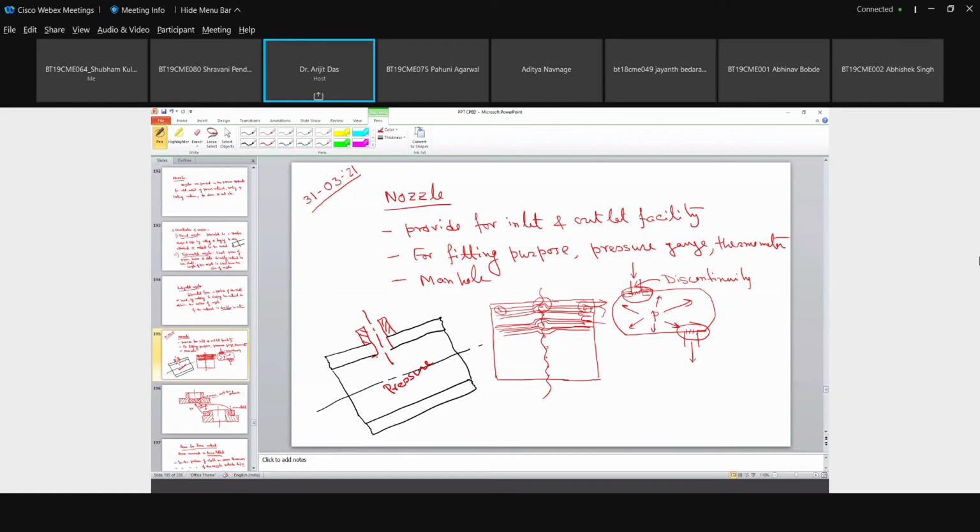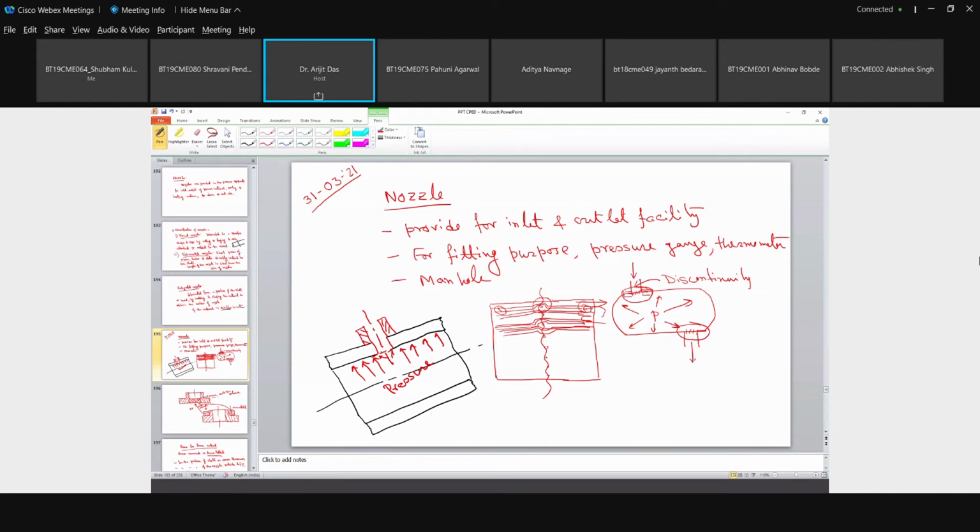So in this discontinued portion, at the edges or the vicinity of the nozzle, the localized stress is very high because suppose this is the circumferential stress in this direction, but here there is some change of the directions. So the roughness is also there.